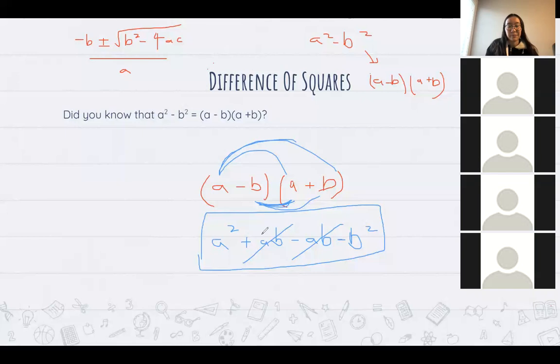Yeah, sorry. So like the problem would already be in factored form. And also, when you multiply this negative b times this b, it's going to remain negative because negative times positive is negative. So that's why you get the minus. Yeah. So sorry about that. That's just an error on my part.